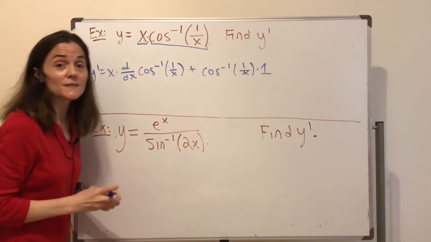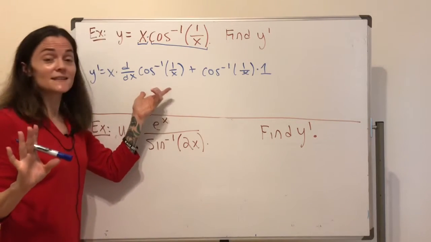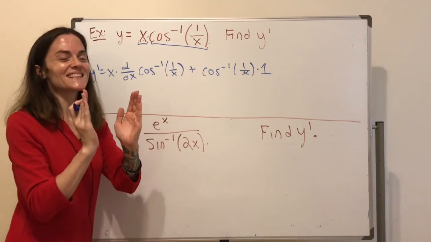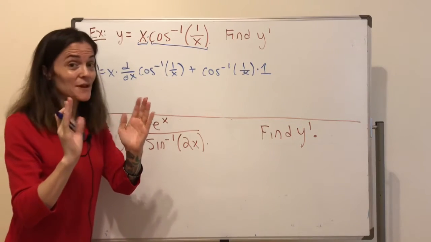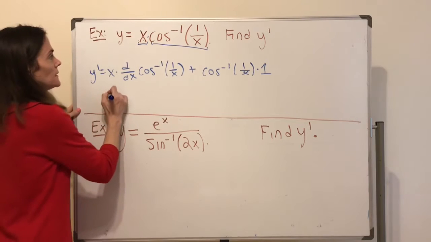Now here, cosine inverse of 1 over x, to differentiate this is a chain rule. My inside function is 1 over x, or x to the minus 1, and the outside function is the inverse cosine.